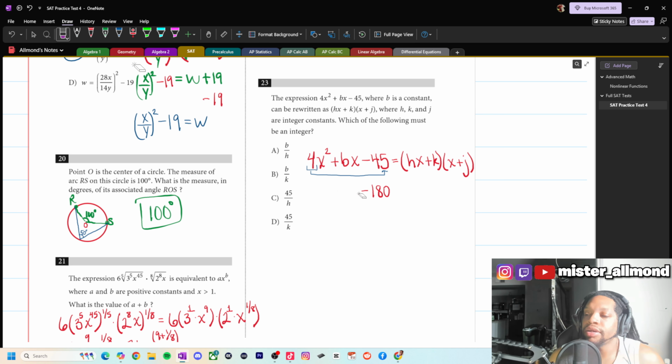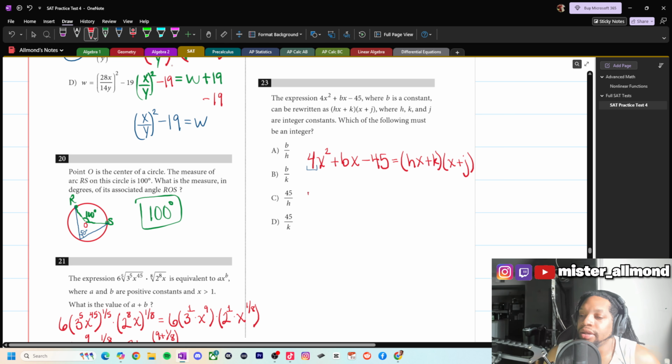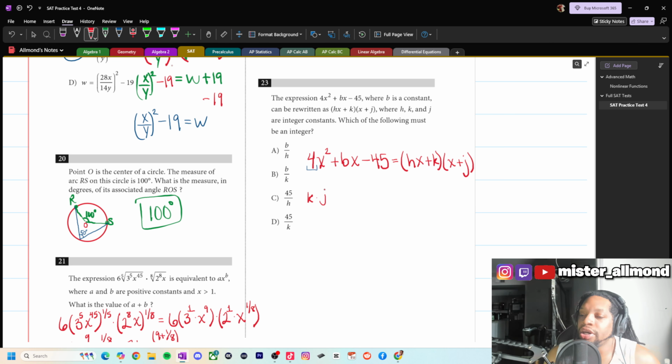I might just try to use my 45 and my 4 to think about what at least K and J can be, because I know that K times J should equal negative 45 if that's my last.